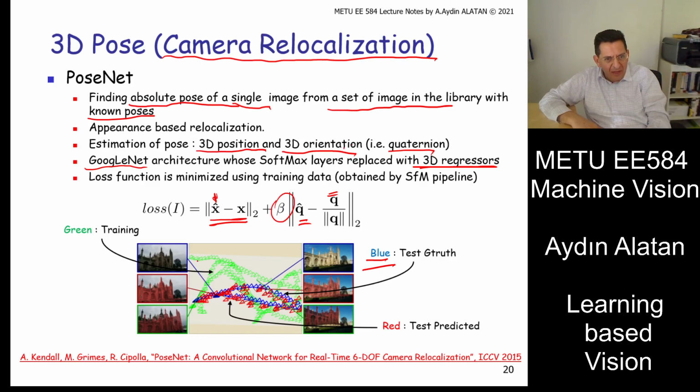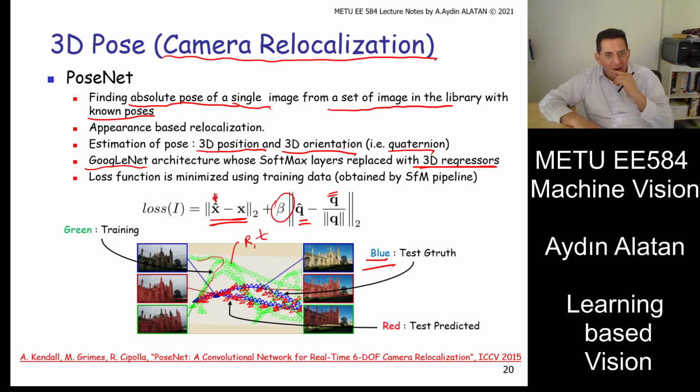The path of the greens is training data. This is your camera. The blue is relocalized, and for every green, you know rotation and translation, but you don't know the new one. The blue is the real locations, the red are their predicted locations.